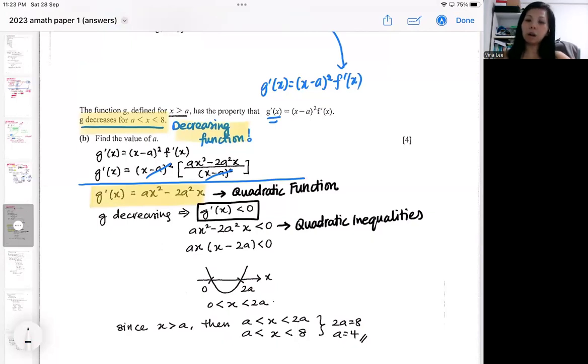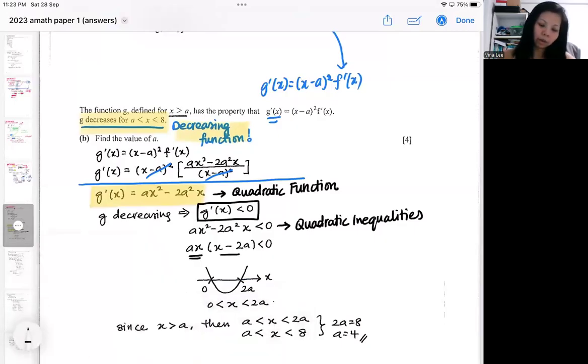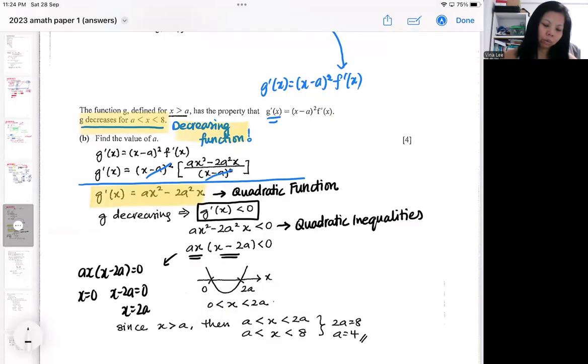The shading will come after you factorize. So if you do the usual factorization, you mentally do first bracket equal to 0, second bracket equal to 0. Okay, you do it in your head. So you will get the two x-intercepts, and the x-intercepts are what help you do the shading.